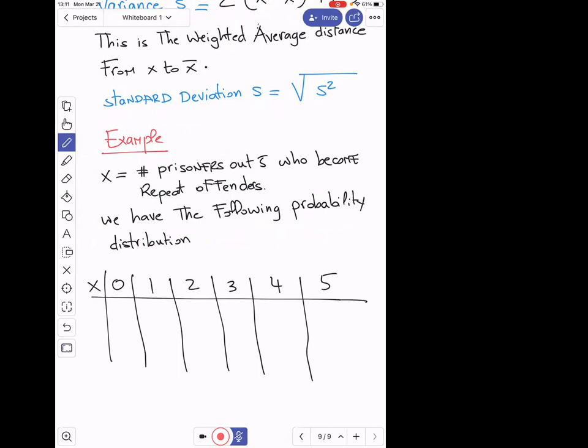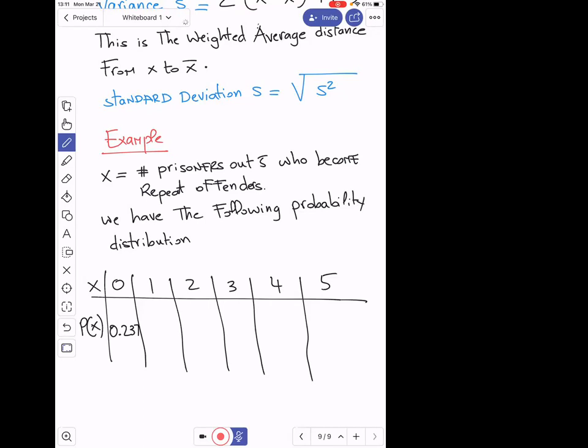Now, next we have probability of X. If X is 0, that's the probability that zero prisoners out of 5 become repeat offenders, right? So let's say for 0, P of X is 0.237, which is 23.7%.